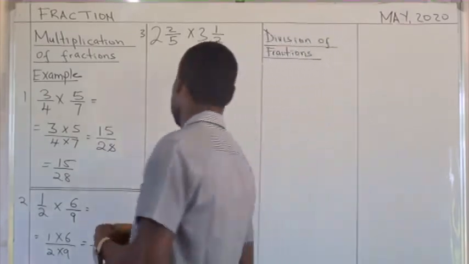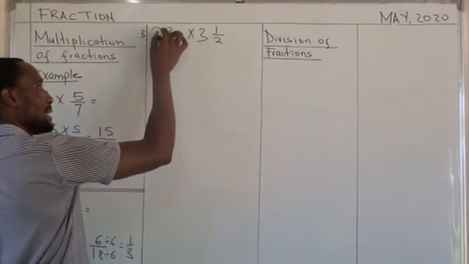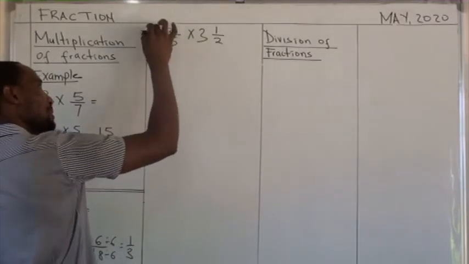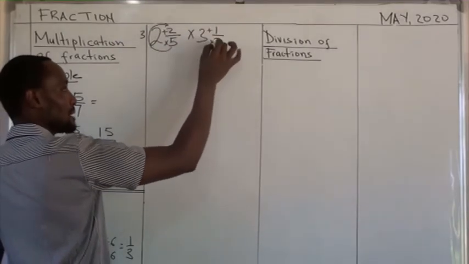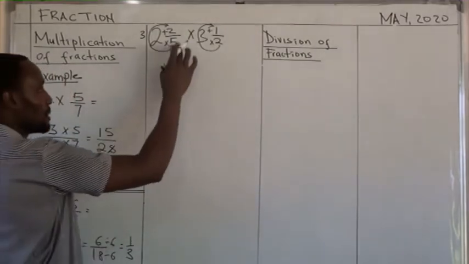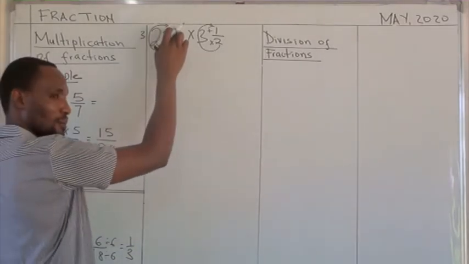The step you need to do is changing into improper fractions. Put a multiplication here and put an addition sign there. Then your movement will be like this. Same to this side: put a multiplication, put an addition sign. Now, what are we going to do? We are going to do 5 times 2 plus 2.